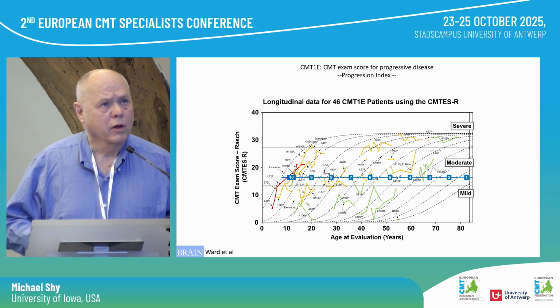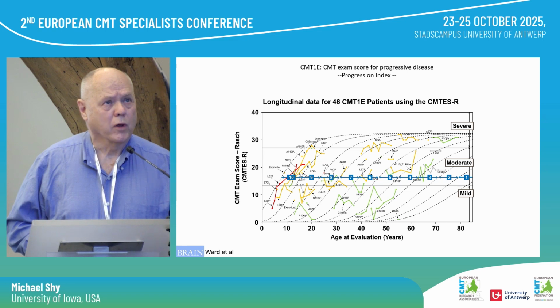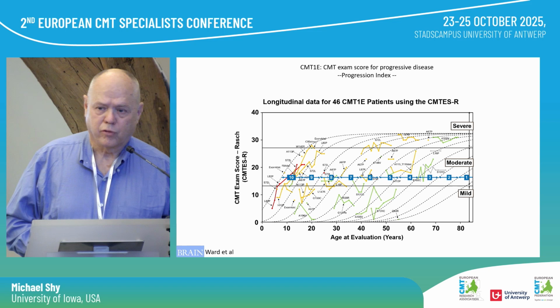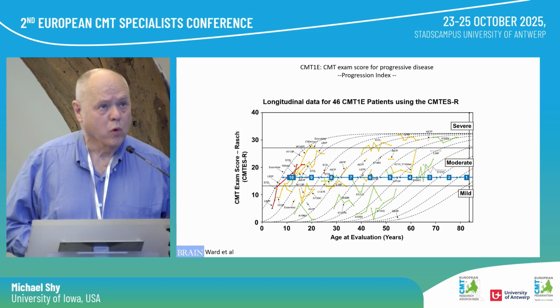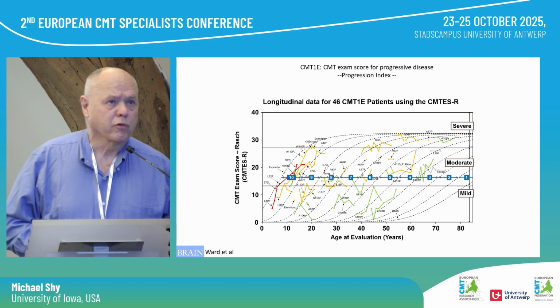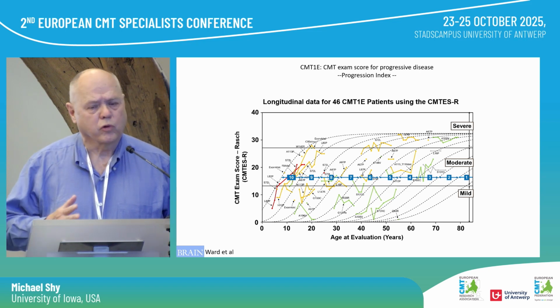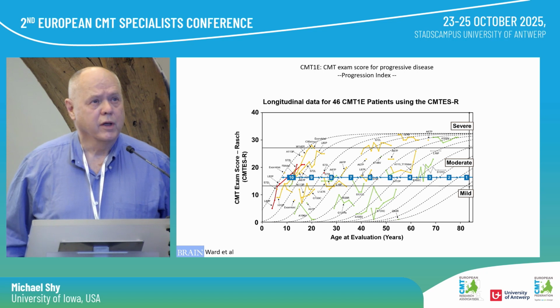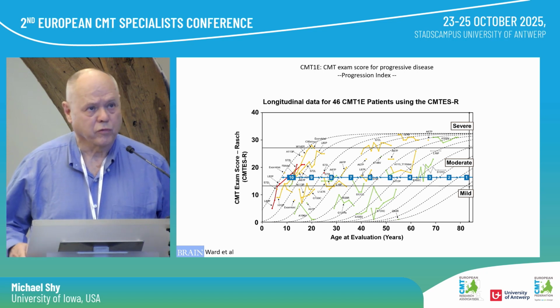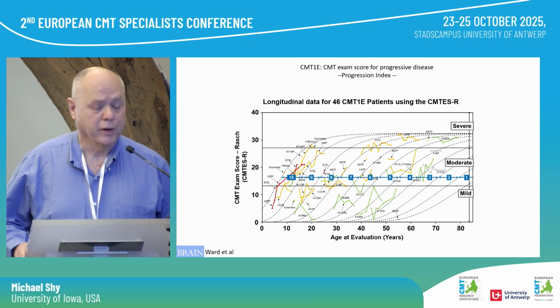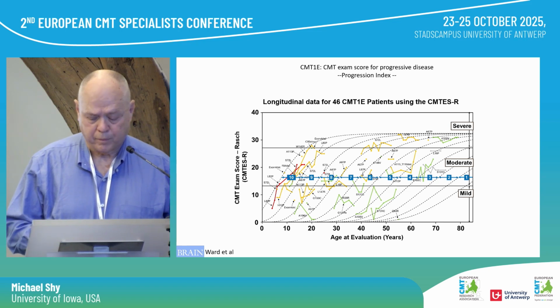So what we developed was what we call a CMT progression index. We were able to do this with patients that we'd seen more than one time over the years. So we're able to get an S-shaped curve, which you can see there, which would predict how patients might progress if we saw them with particular scores at a couple of time points. And the progression index works from 1 to 10, and 10 is the most severe.